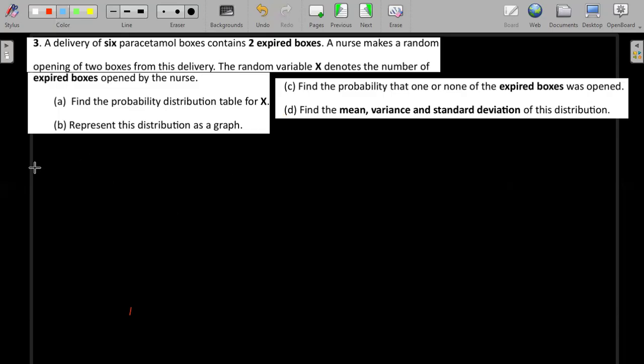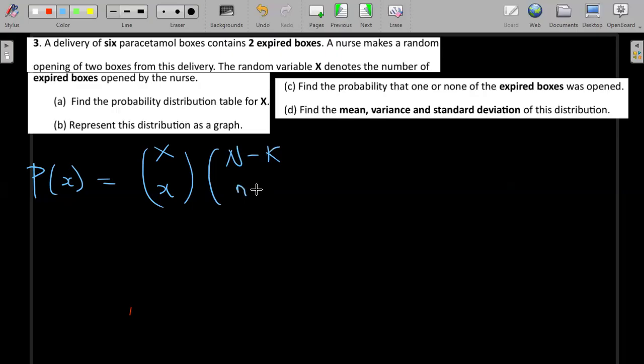So the hypergeometric distribution: if you want to find the probability of x, you're going to say it equals C(X, x) multiplied by C(N minus X, n minus x).